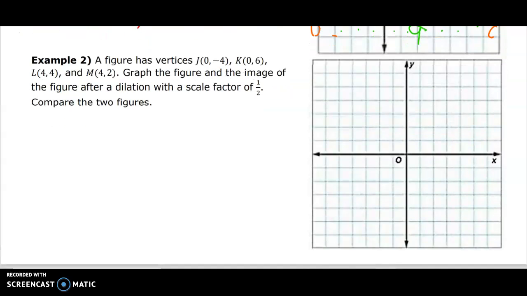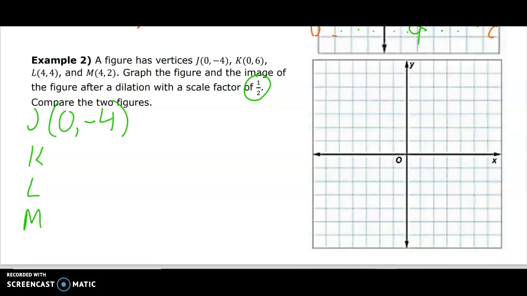Okay, next one. We have J, K, L, and M. Graph the figure and the image after a dilation with a scale factor of 1/2. Compare the two figures. I already know that it is a reduction by half. So I'm going to do J, K, L, M, and that's (0, -4), (0, 6), (4, 4), and (4, 2).